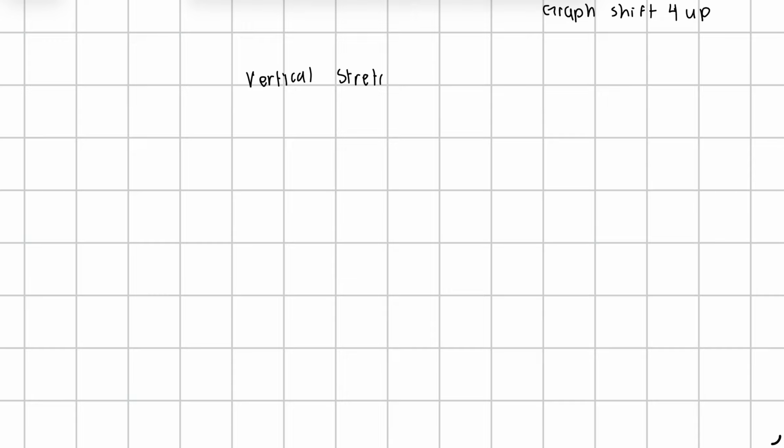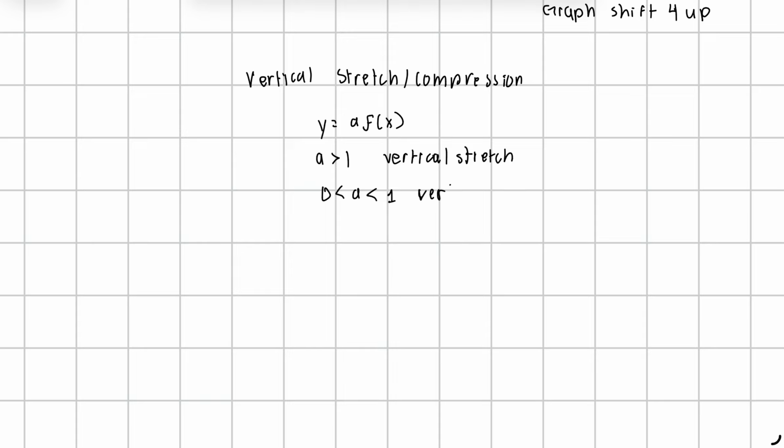Let's talk about vertical stretch and compression. This is when we have y equals a times f of x. If a is greater than 1, that is going to be a vertical stretch. If you have 0 less than a less than 1, you have a vertical compression, so smaller.